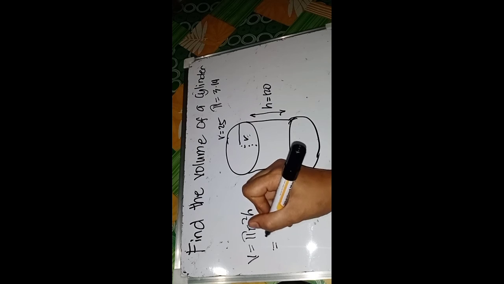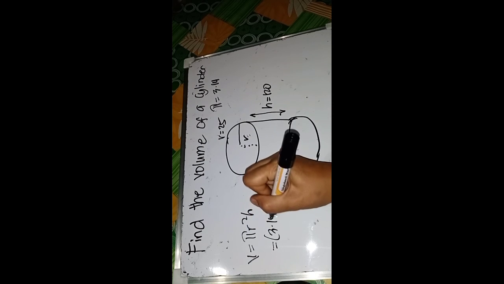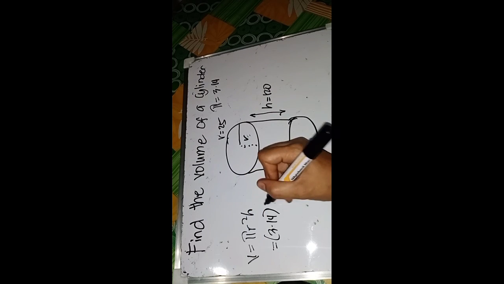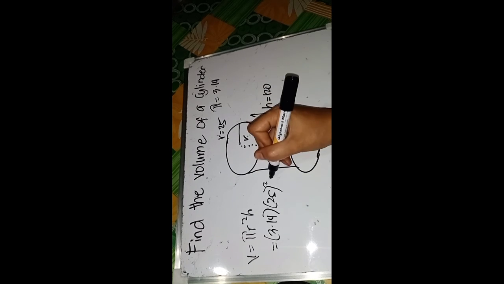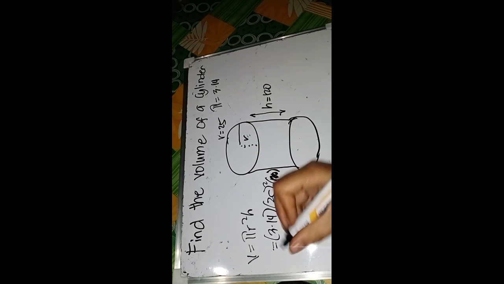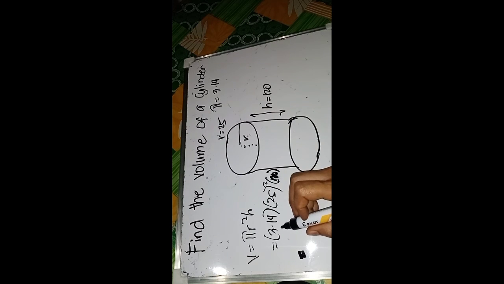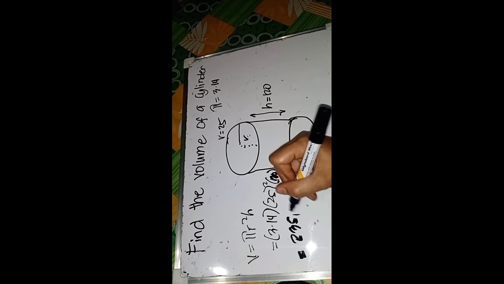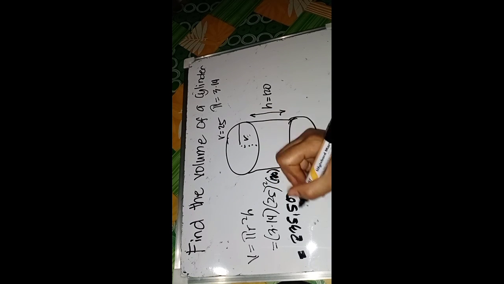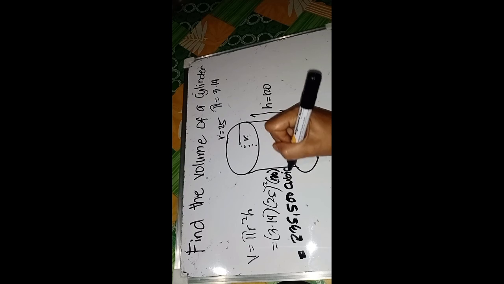So our pi is 3.14 times our radius, that is 25 squared, times our height, that is 120. So equals 3.14 times 25 squared times 120, that is 235,500 cubic inches.